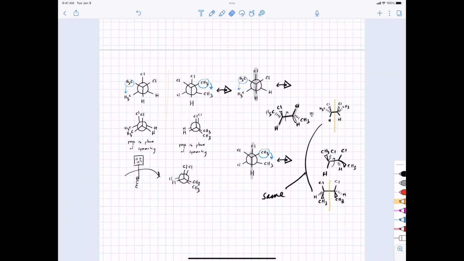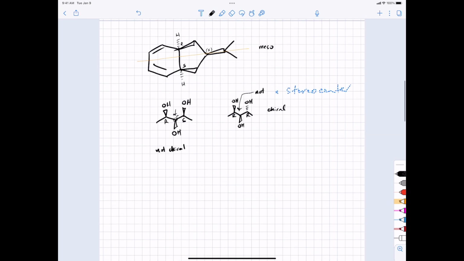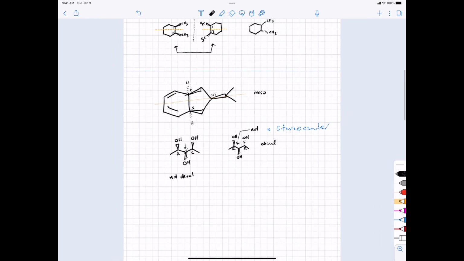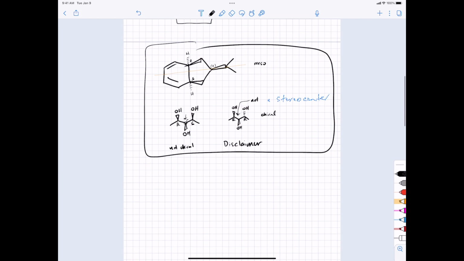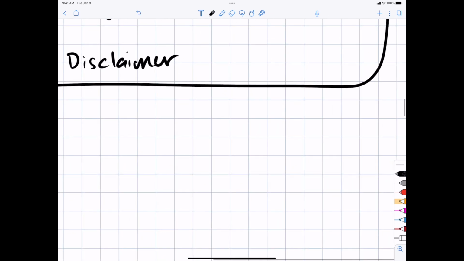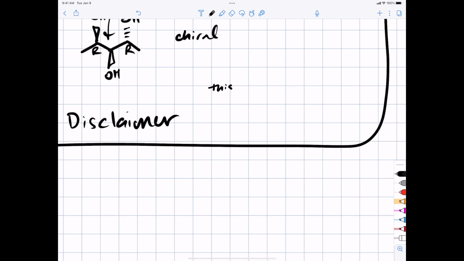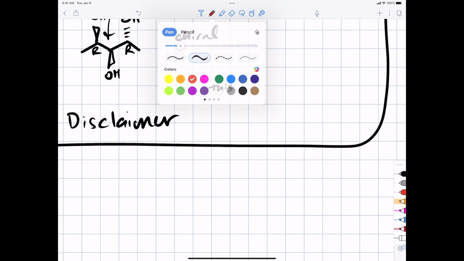Now, we're leaving something important out. We've focused only on, is it chiral or not, and are these two enantiomers or not? So we're skipping over that, and what we need to do is just have some sort of disclaimer. That's sufficient, I think. No? Okay, let's try.